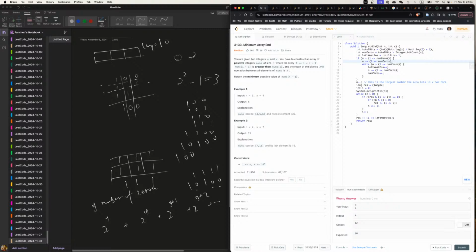And then you have to do left. So yeah, you minus first, right? But why would this one still be not right?